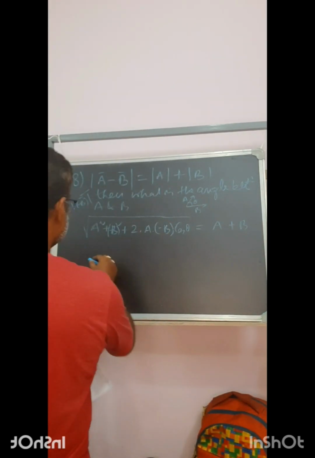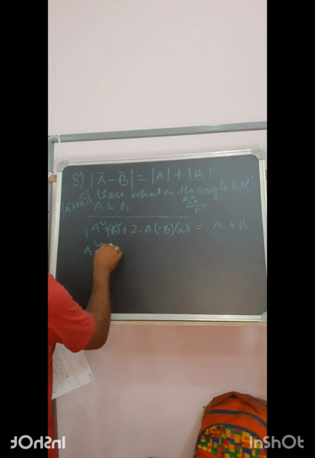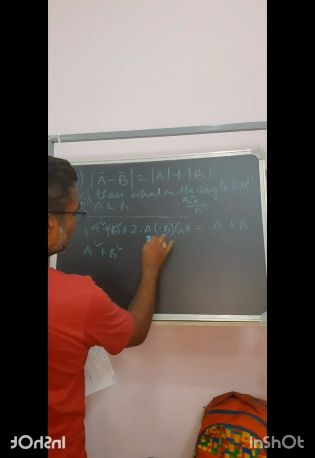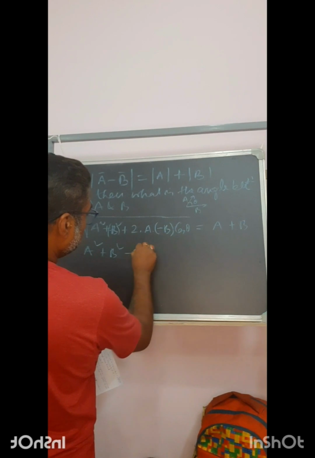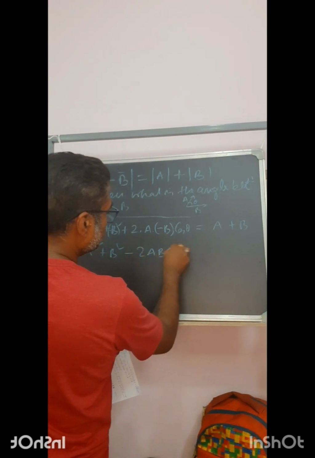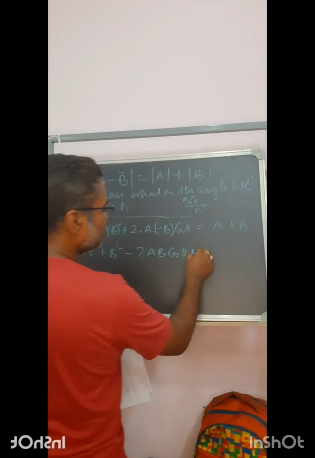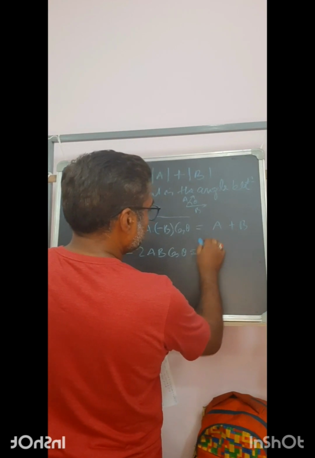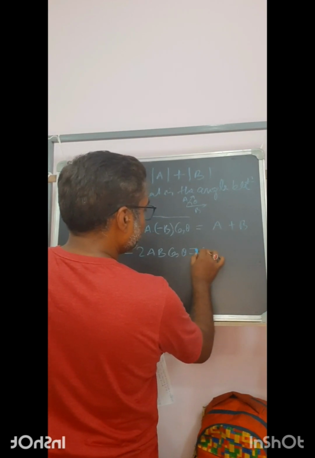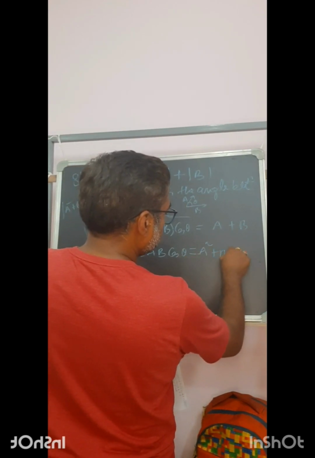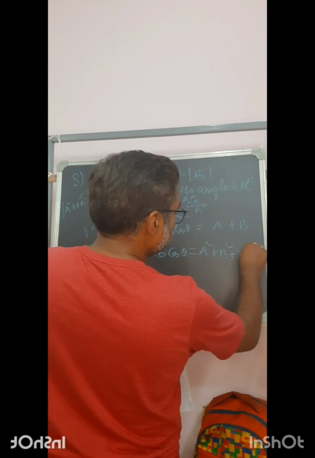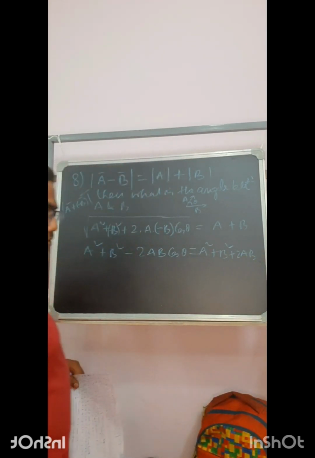Now square both sides. It will give A square plus B square, and this minus will turn it to minus 2AB cos theta, is equal to A square plus B square plus 2AB. That's it.